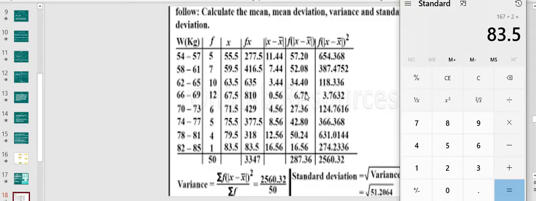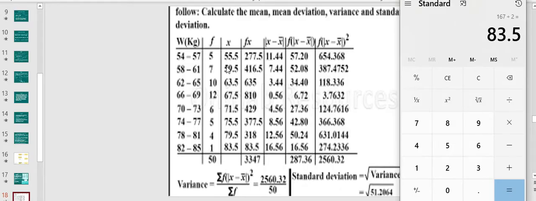Now we take the product of each midpoint with its corresponding frequency to find the summation fx value, which is very much necessary to find the mean of this set of data.